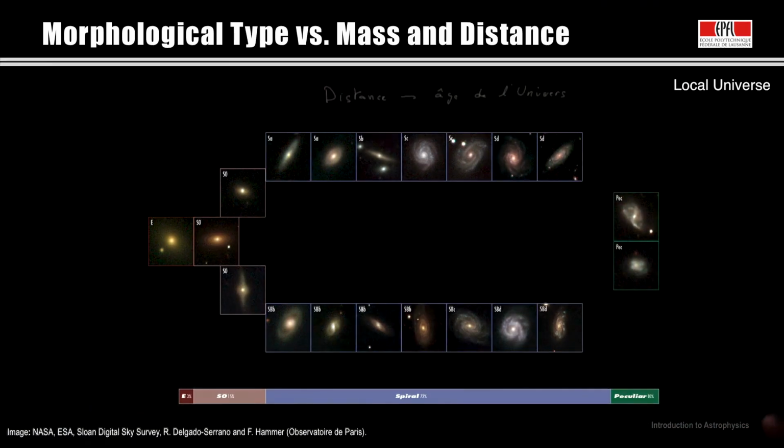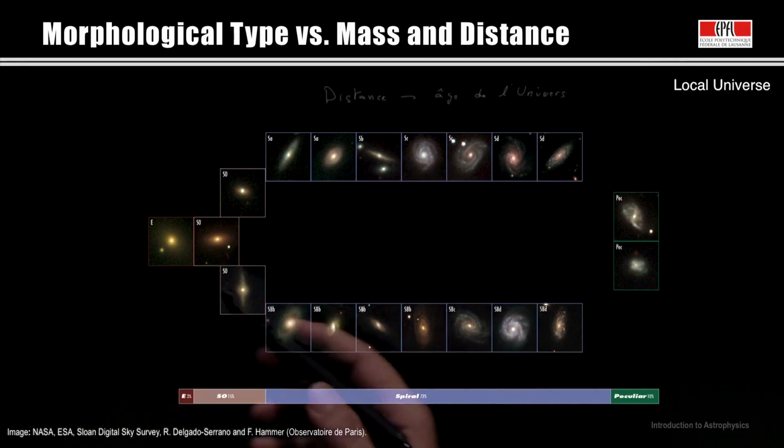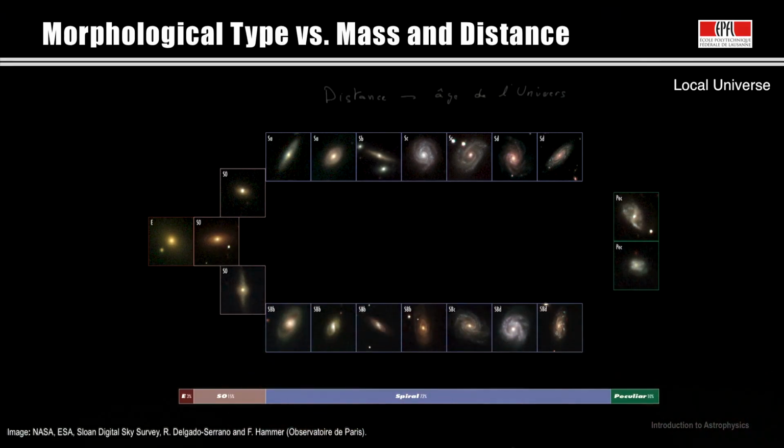Galaxies further away from us are closer to the Big Bang epoch. They are younger than the galaxies close to our own. If we established a morphological classification as a function of the distance, at the same time we established a morphological classification as a function of the age of the universe. Observing at various distances, we observe different epochs of the universe.